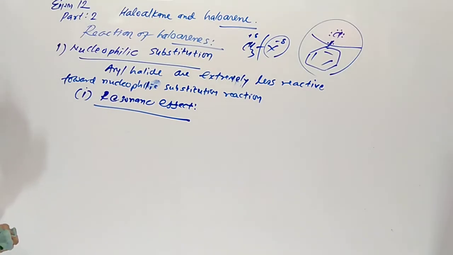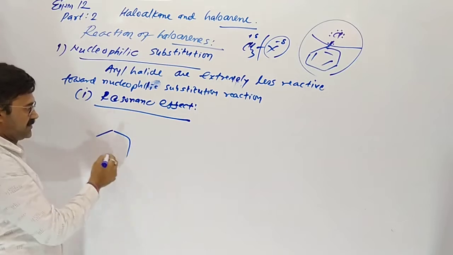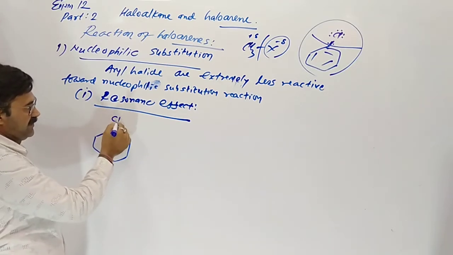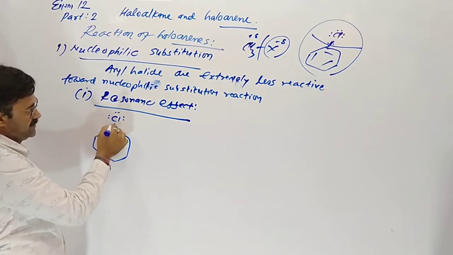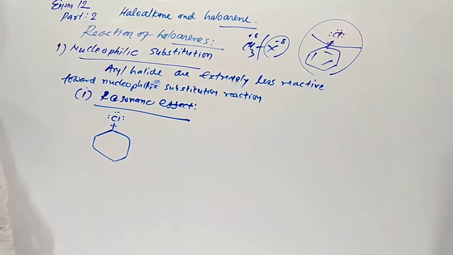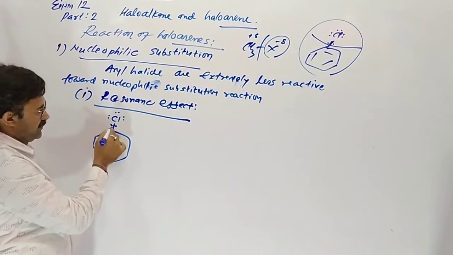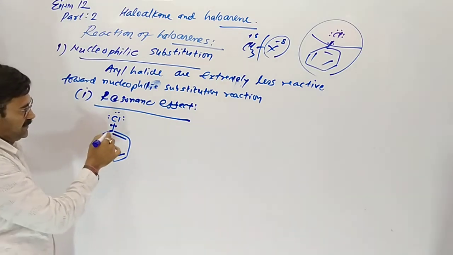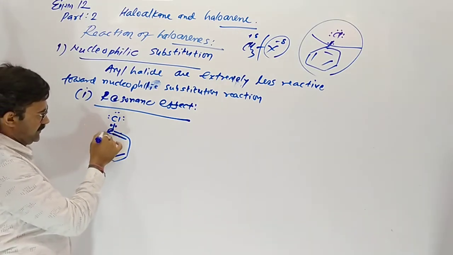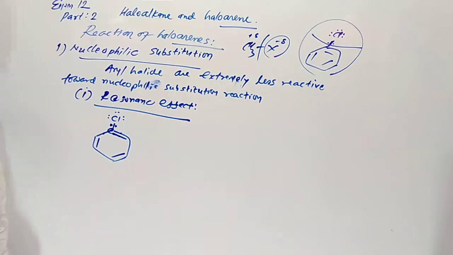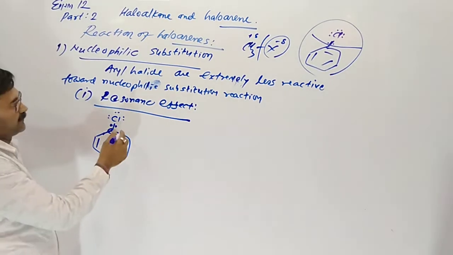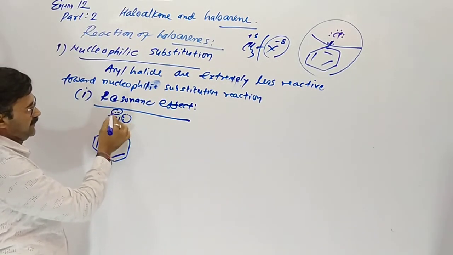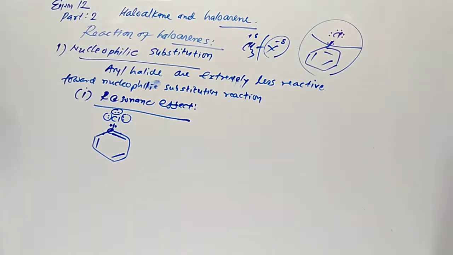In haloarene, listen, we are taking chlorobenzene. Chlorine has 7 outermost electrons, 1 of carbon, 1 of halogen combines here. Here carbon 1, 2, 3 and 4th one here. Here 3 lone pairs over the chlorine atom, which are taking part in the resonance.